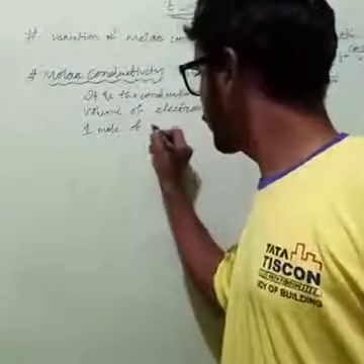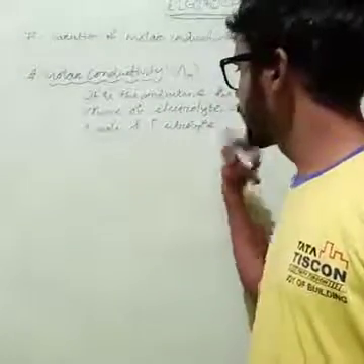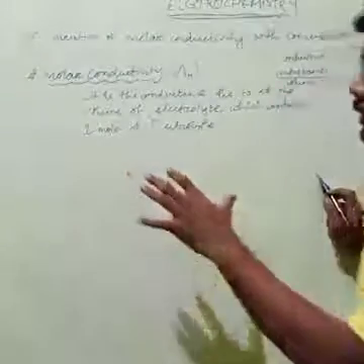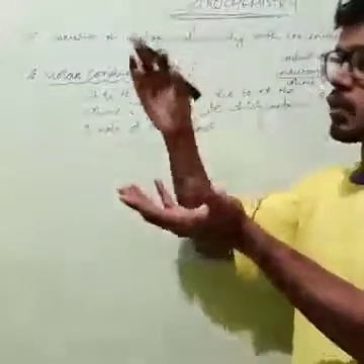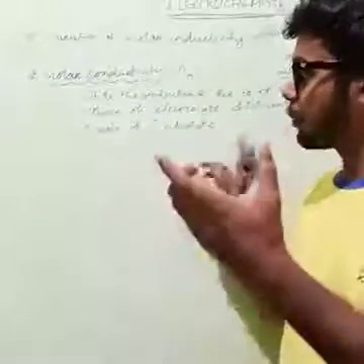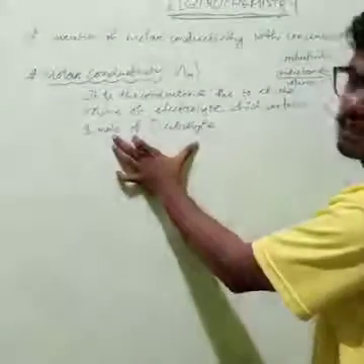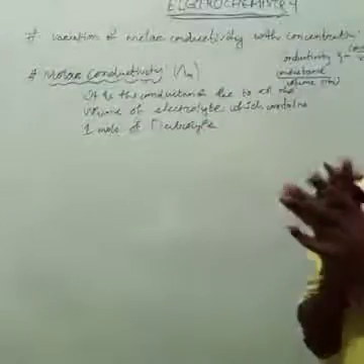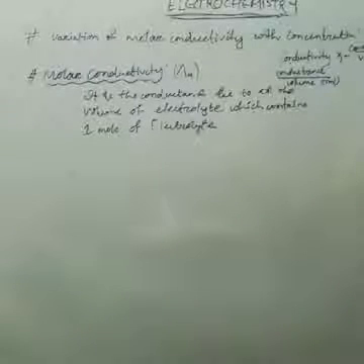You have to fix the concentration first. So for 1 mole you need to take out the amount or volume of solution. That is, 10 ml of solution contains 1 mole, or 15 ml of solution contains 1 mole. So you have to fix this. So 1 mole of electrolyte you have to take out, then you have to check the conductivity. Okay, understood?